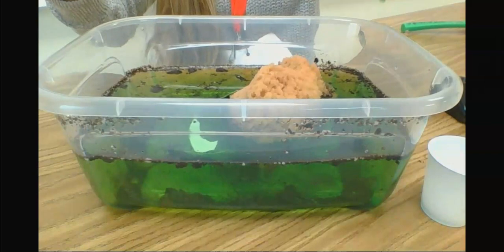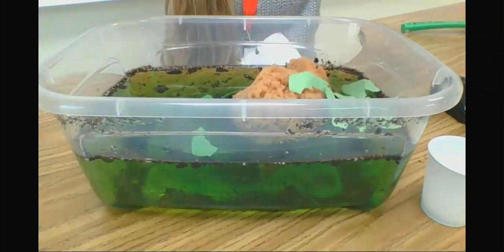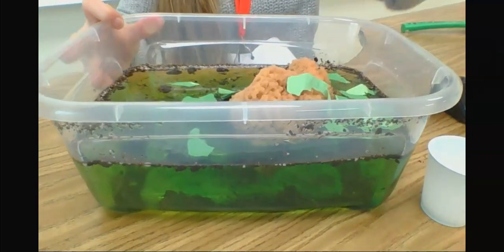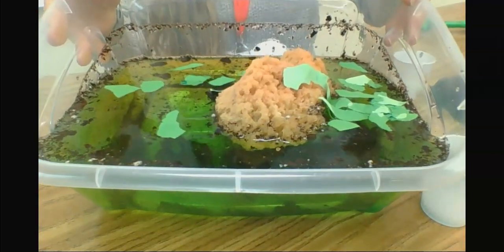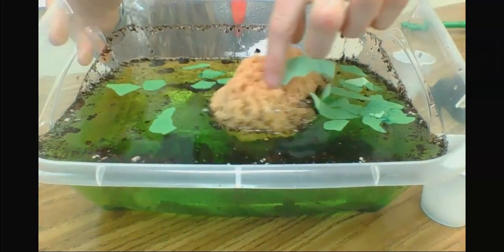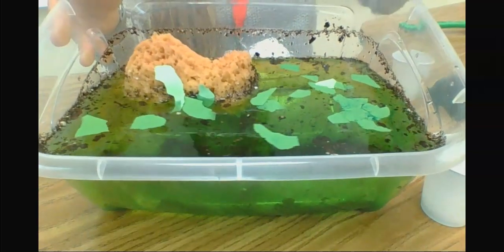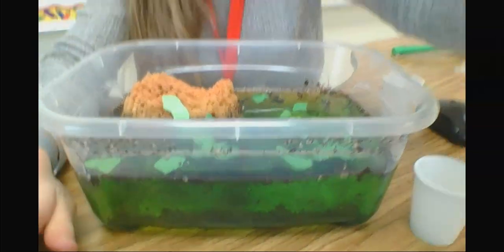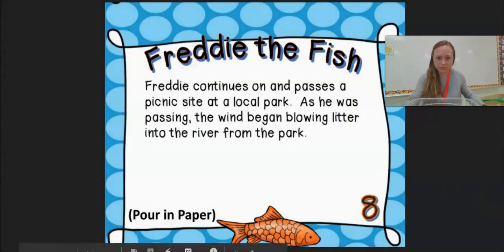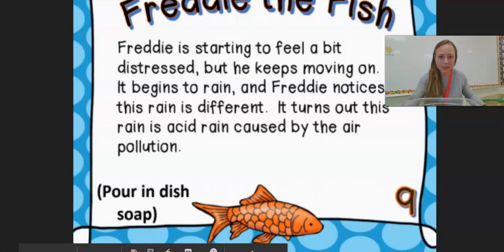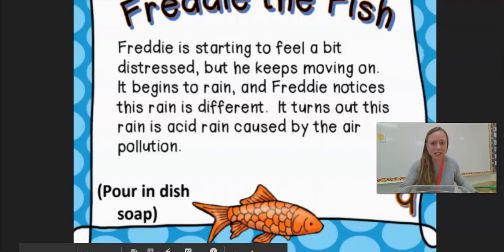It's blowing into the river. That water's looking super grody for poor Freddie. Freddie is starting to feel a bit distressed, but he keeps moving on.